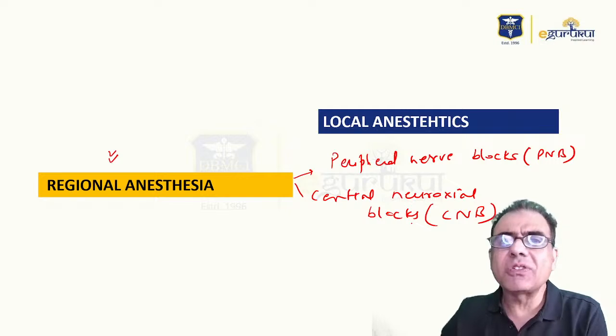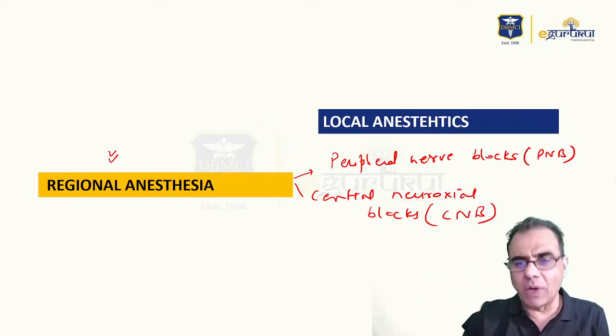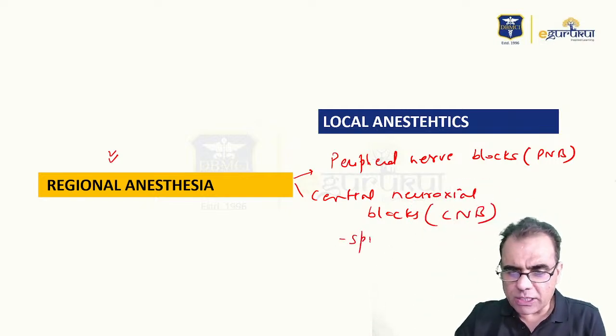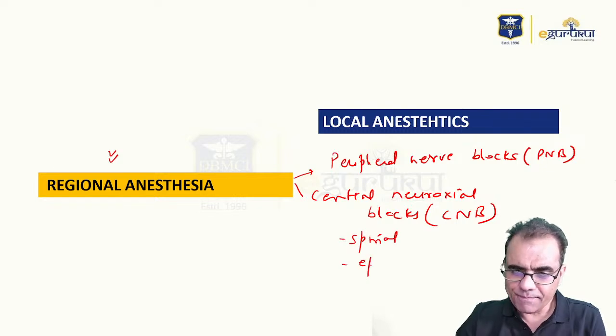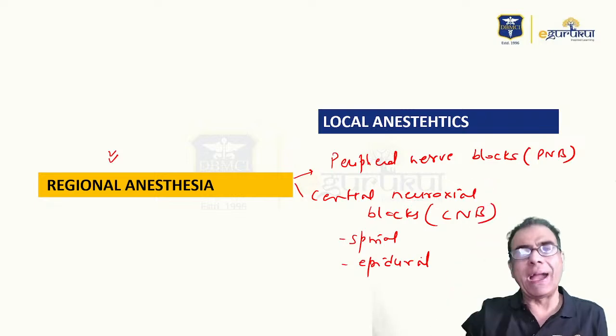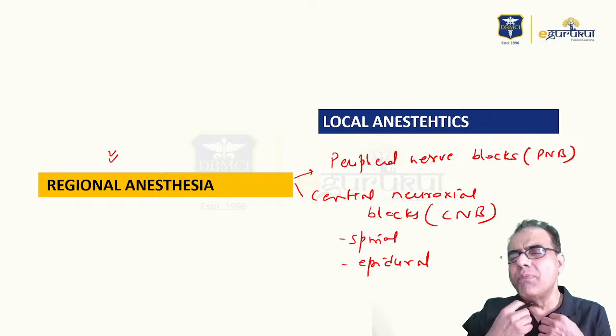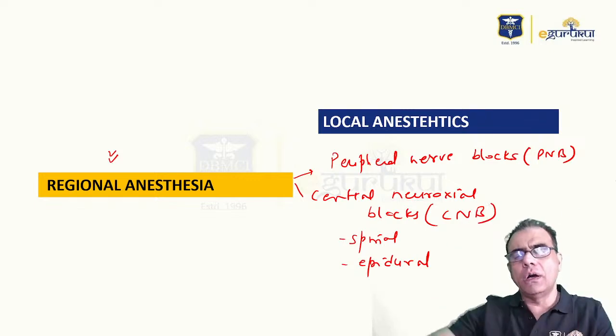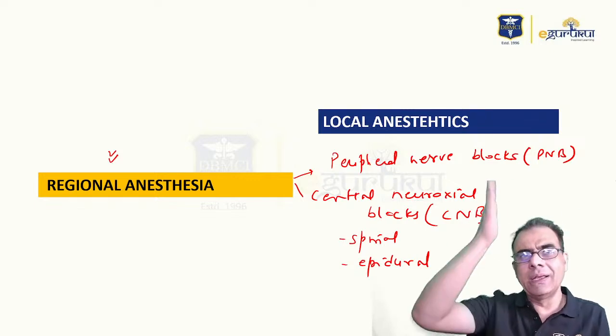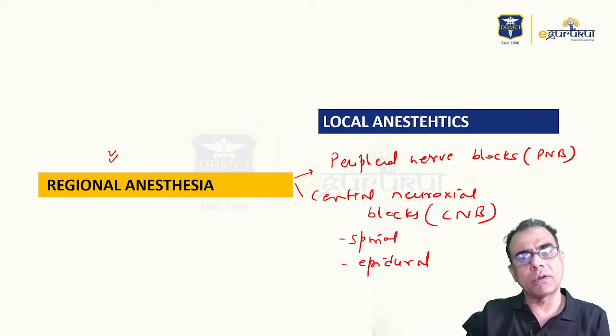So central neuraxial block means given along the central neuraxis. That includes spinal and epidural. So spinal and epidural are given along the spine, along the central neuraxis. So they are called central neuraxial blocks. Any block given outside the spine is considered a peripheral nerve block.